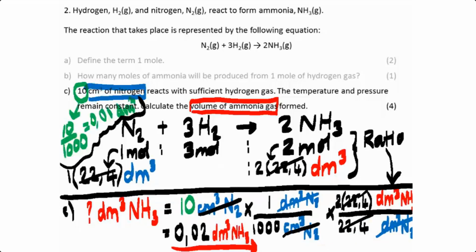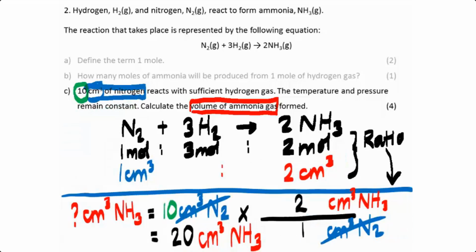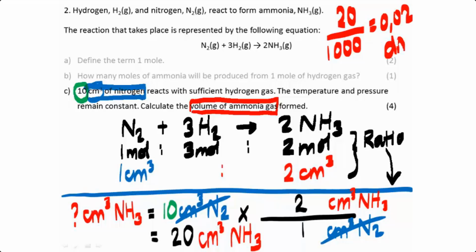If we go back and see what we did before, we found 0,02 decimeter cubed of ammonia. Now we found 20 centimeter cubed ammonia. 20 centimeter cubed. How many decimeter cubed is that? Divide by 1,000 and we get 0,02 decimeter cubed. So 20 centimeter cubed is the same thing as 0,02 decimeter cubed.